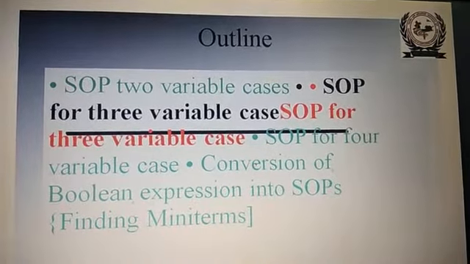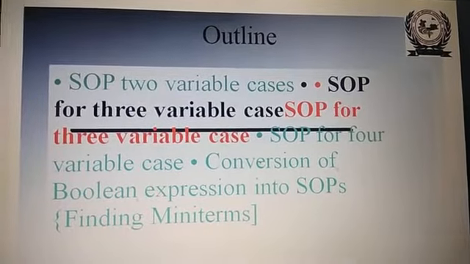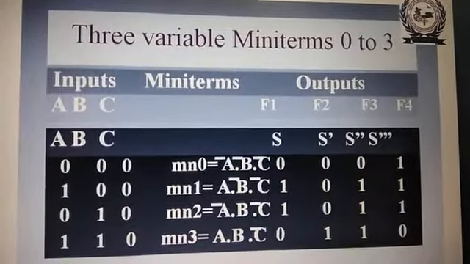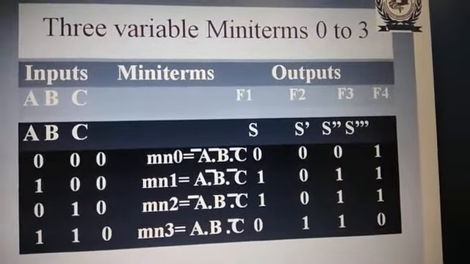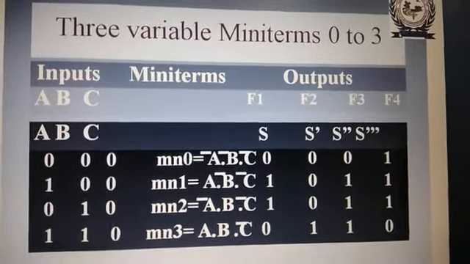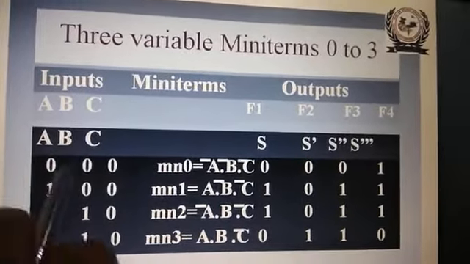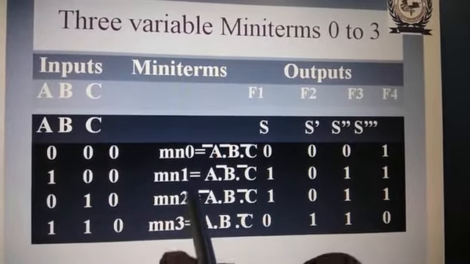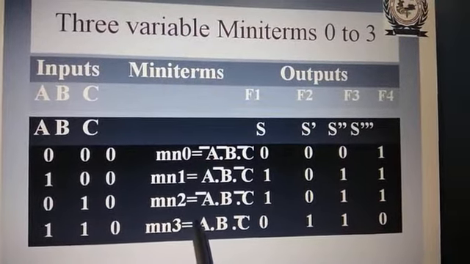SOP 2 variable cases, 3 variable cases and Boolean expressions. 3 variable min terms, 0 to 3. Let us say these are inputs A, B, C and these are the min terms: min 0, min 1, min 2, min 3.